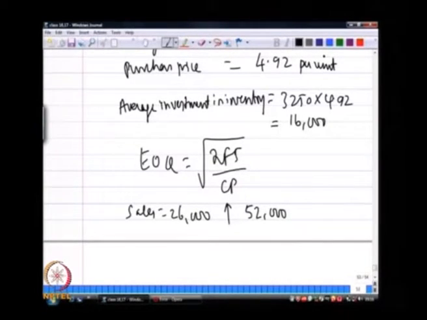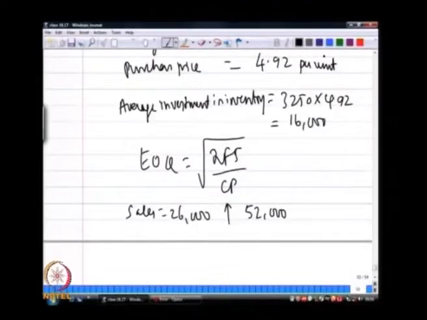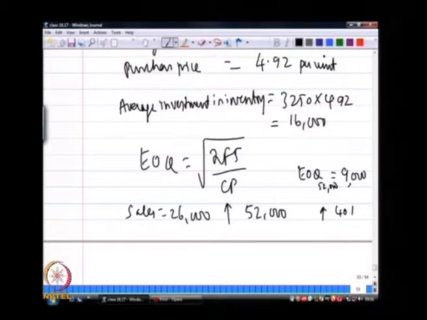Now, the sales increased by 100%, and since this is a square root relationship, the economic order quantity will not increase by the same 100%, but it will definitely increase, less than proportionately. If you calculate the EOQ at 52,000, it will be somewhere around 9,000, which is close to a 40% increase in EOQ.